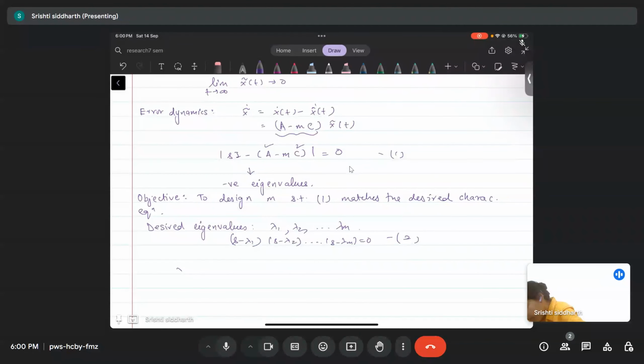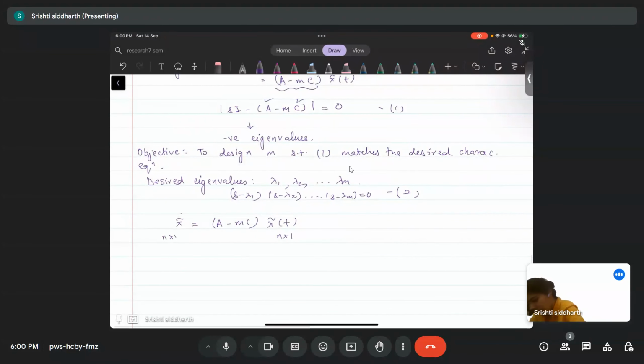So we have x tilde dot equals A minus MC x tilde. We have n states, so M is not a scalar; A is n by n minus some dimension of M times C. For the complete state observer, y is n by 1, so C becomes n by n.